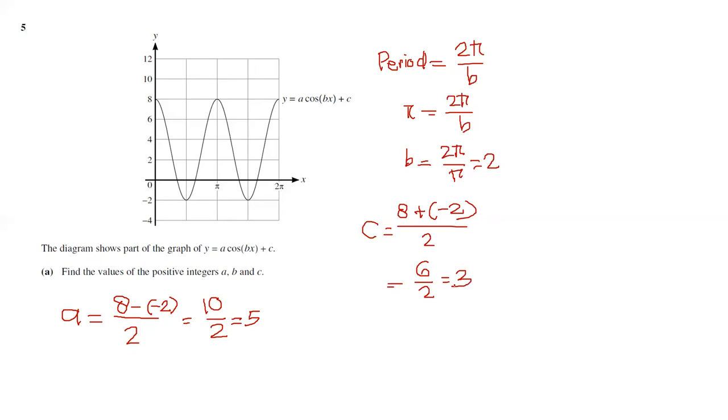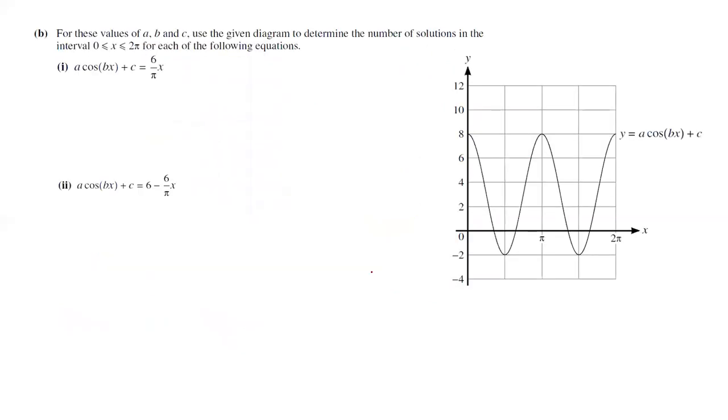That's fine. Next, for number 5, b. For these values of a, b, and c, use the given diagram to determine the number of solutions in the interval x between 0 and 2 pi for each of the following equations.